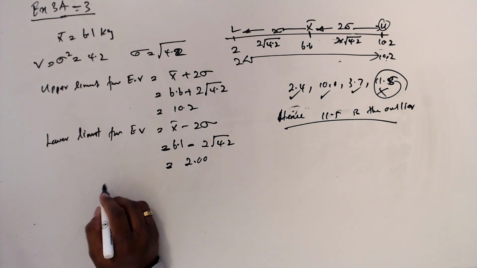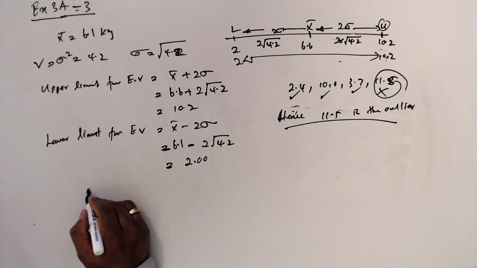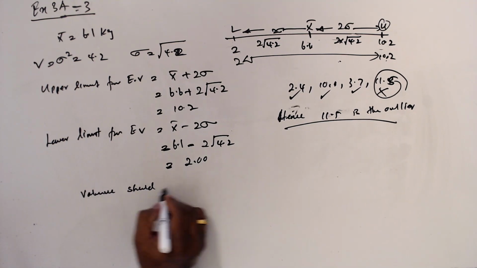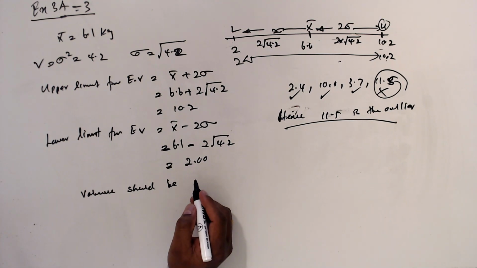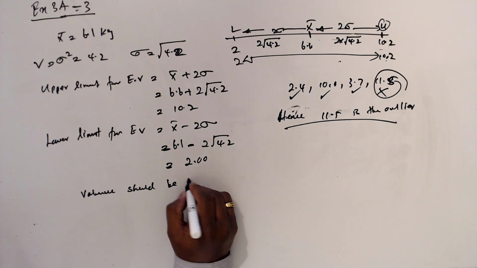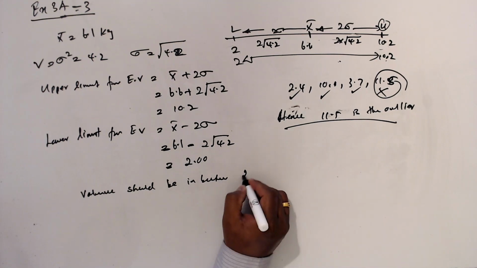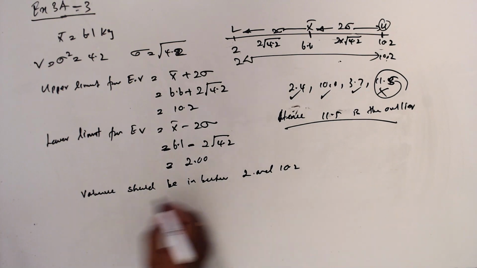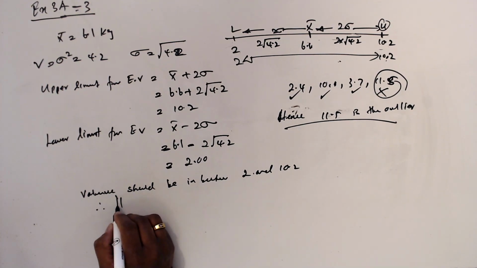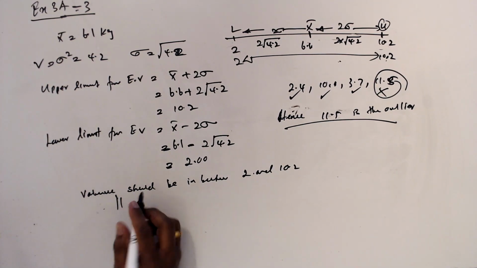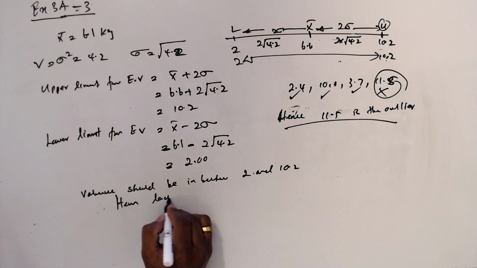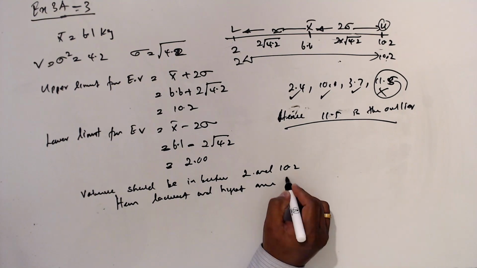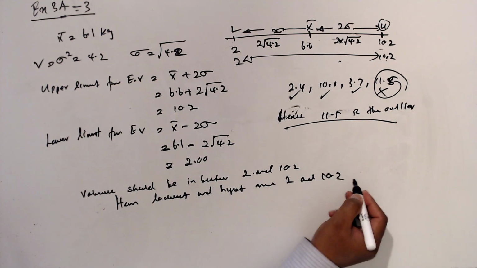So it means we can write the values should be in between 2 and 10.2. Hence lowest and highest are 2 and 10.2.